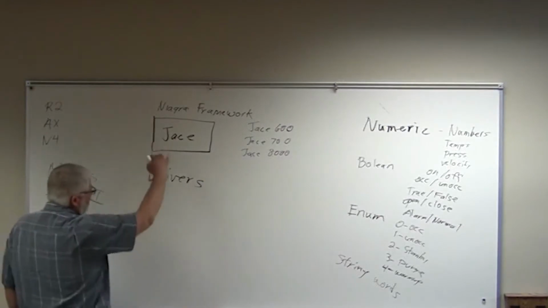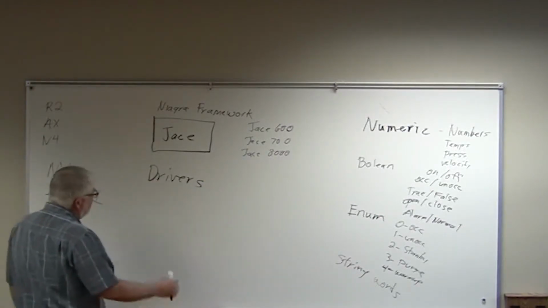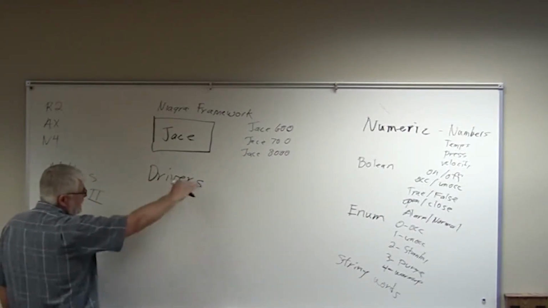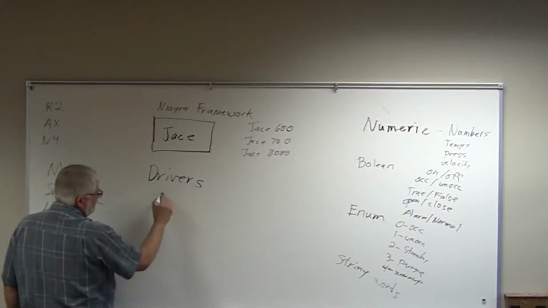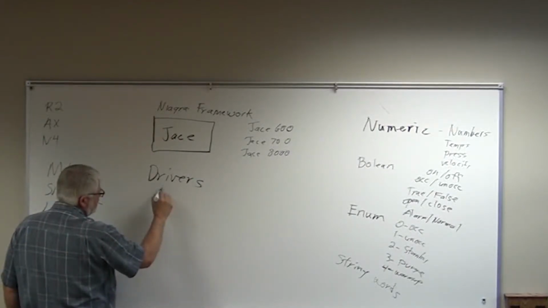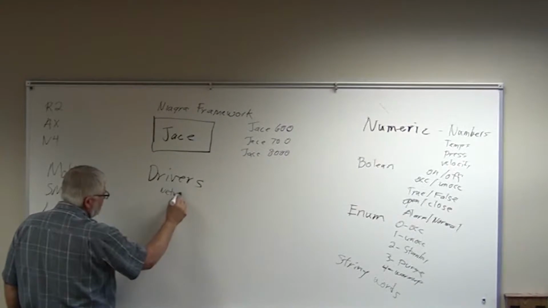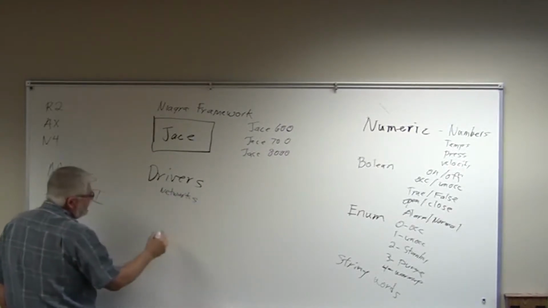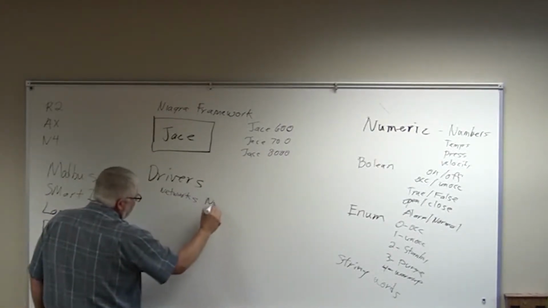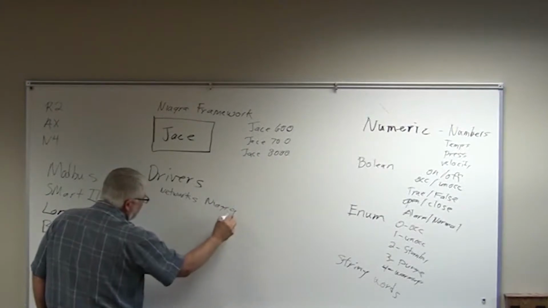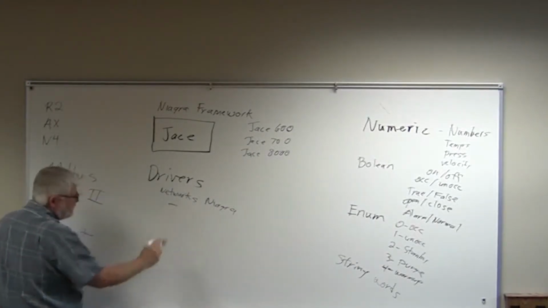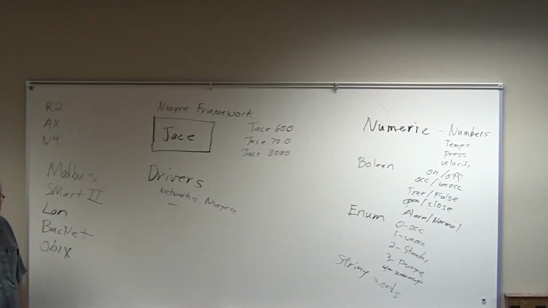So when you look inside the JACE, when we pull up the software, you'll see there'll be a drivers section, and underneath drivers you're going to have your networks. And maybe we have a Niagara network. What kind of things would be under your Niagara network? It does the transferring from other JACEs.